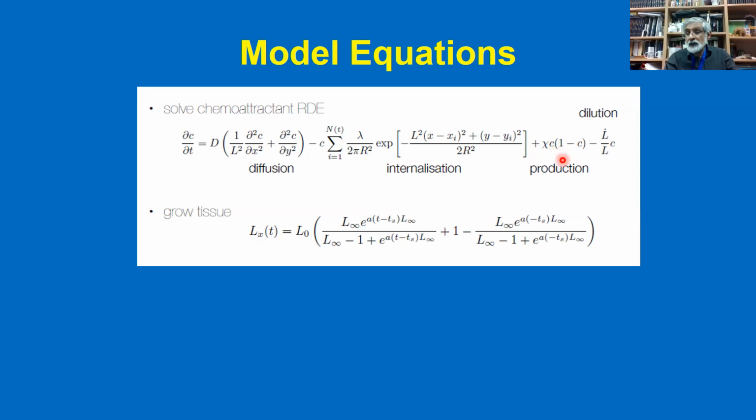The results are quite robust to the form of that. Here's that dilution term, because we're in a growing domain. L dot is d by dt. And here we assume that the cells at x_i, y_i consume the chemical with a Gaussian consumption rate. Doesn't really matter what the form of this is.